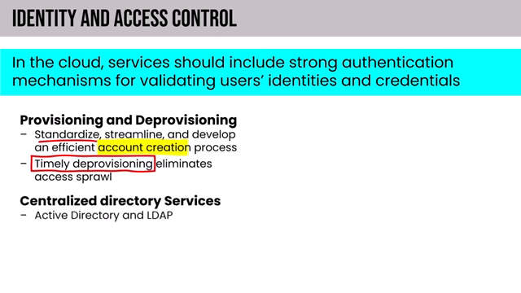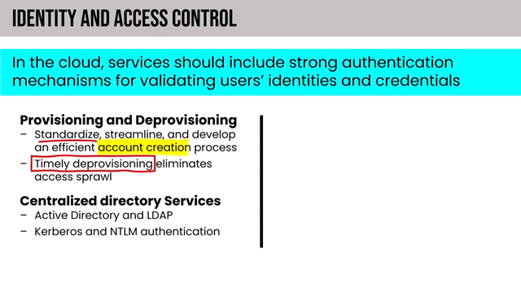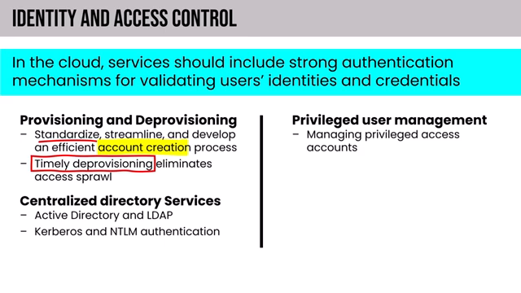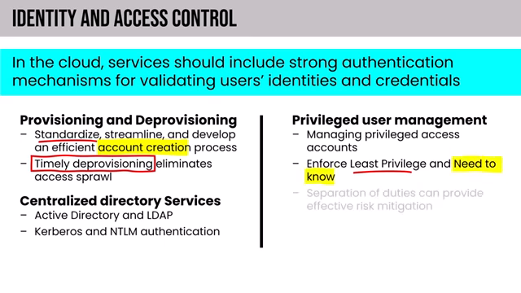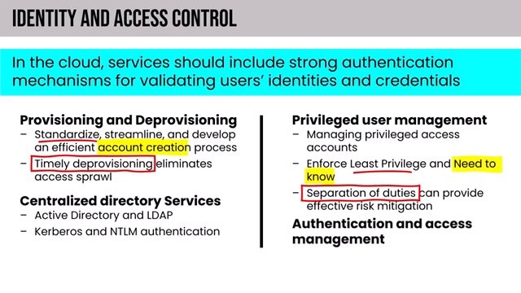Centralized directory services, Active Directory, tends to be the most common on premises. We have Kerberos and NTLM authentication there, Kerberos being preferred. And from a privileged user management perspective, we want to manage our privileged access accounts and to enforce least privilege and need to know at all times. Separation of duties, also a good idea as an effective risk mitigation technique. We'll dive into these a bit deeper in just a moment.